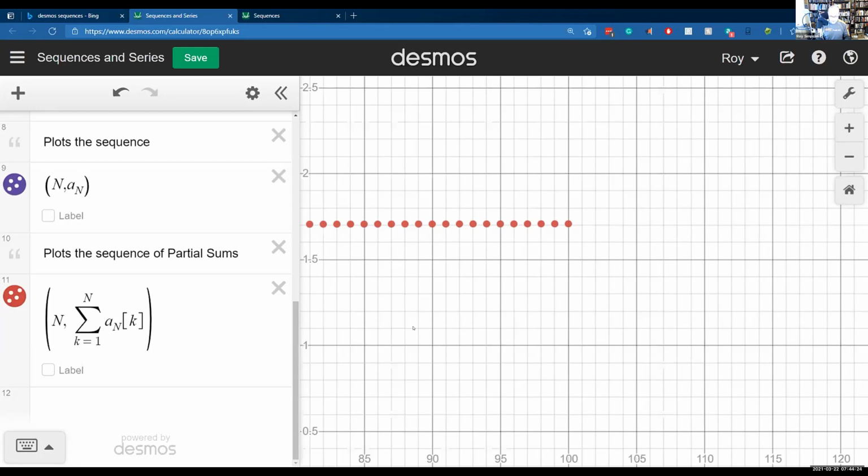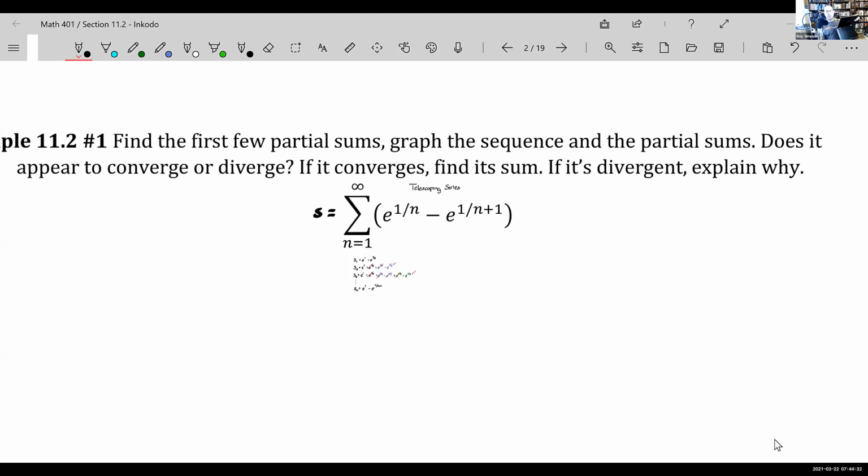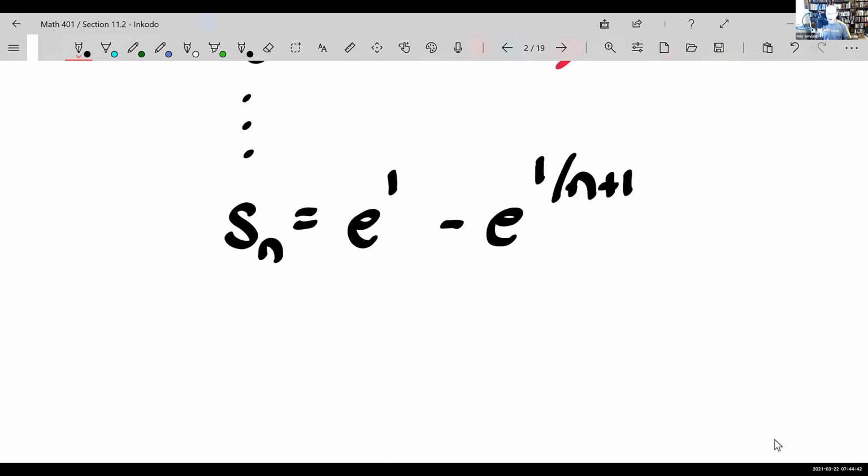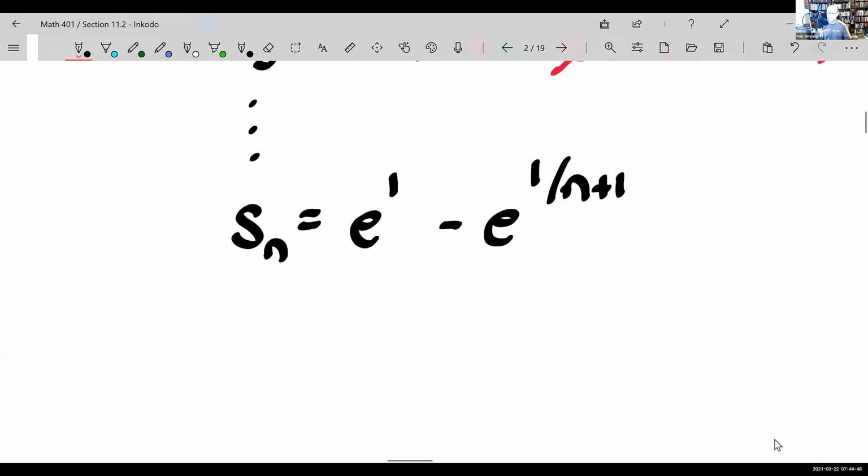To do that, we're going to look back at our work, which again, I have to apologize, my ink is really weird here, but we know that the nth partial sum of our series is going to be e to the first minus e to the 1 over n plus 1.